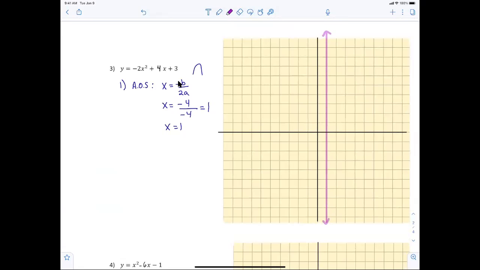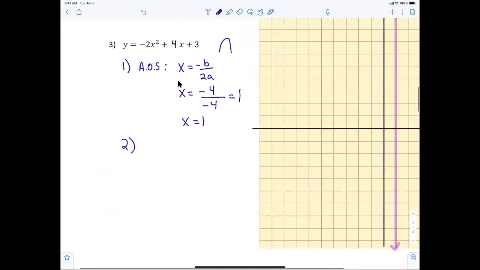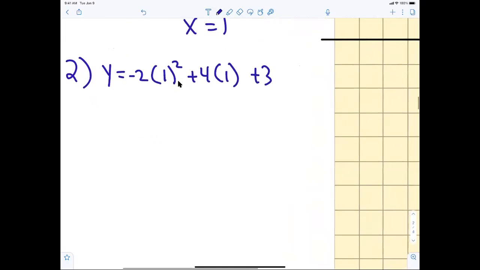All righty. From there, step number 2. All you do is you plug 1 into the equation. So y equals -2(1 squared) plus 4 times 1 plus 3. Now let's do our mental math here.